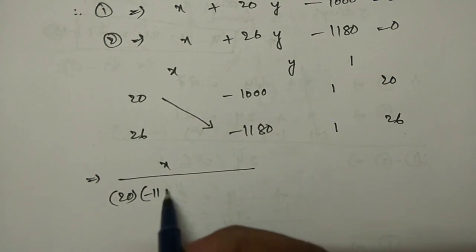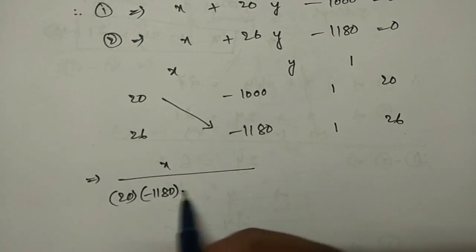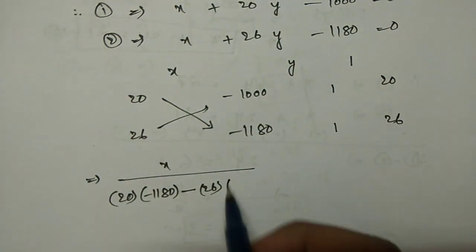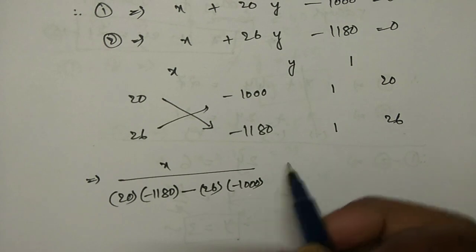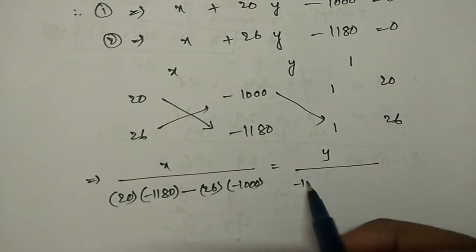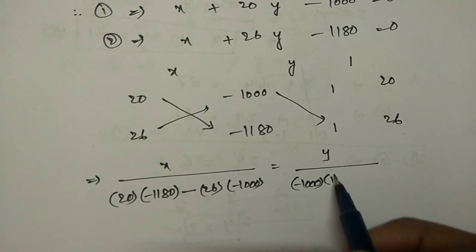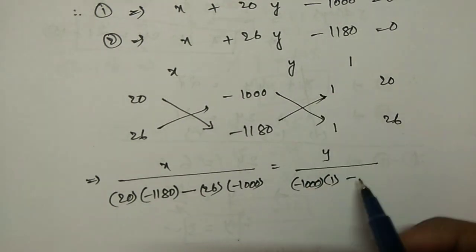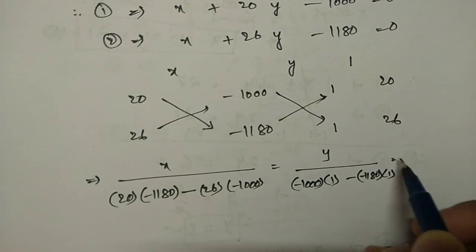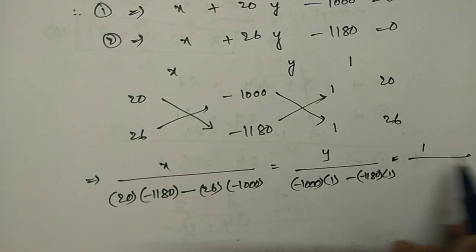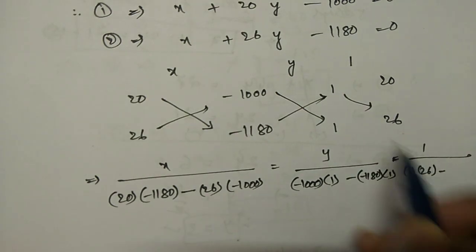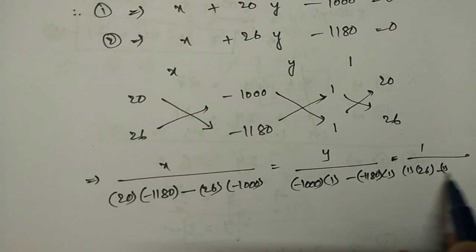20 into minus 1080 minus 26 into minus 1000 equal to y by minus 1000 into 1 minus of minus 1080 into 1 equal to 1 by 1 into 26 minus 1 into 20.